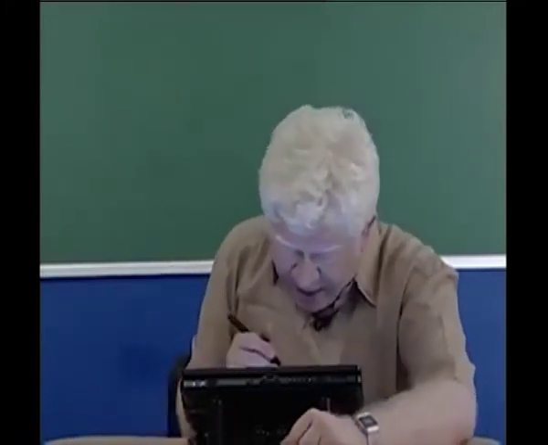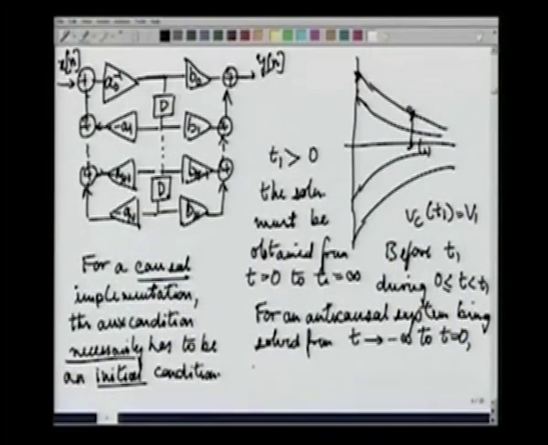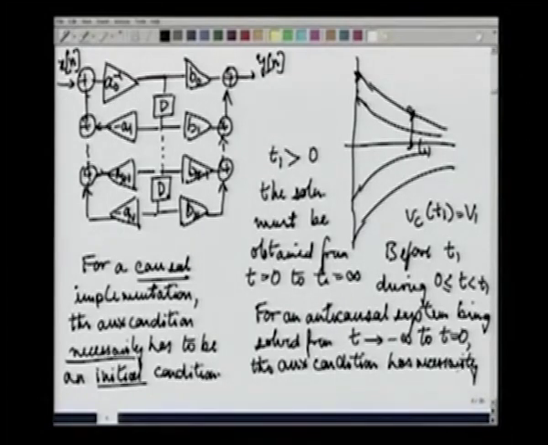That is to say, the auxiliary condition has necessarily to be a final condition.